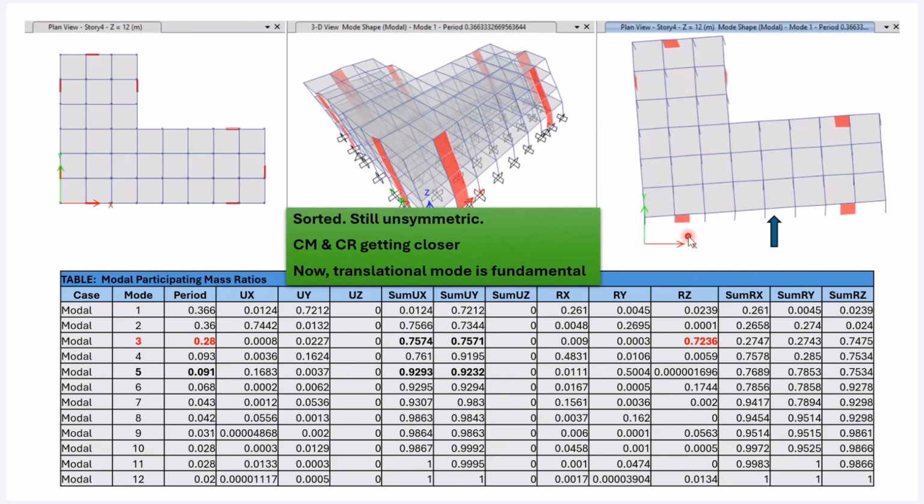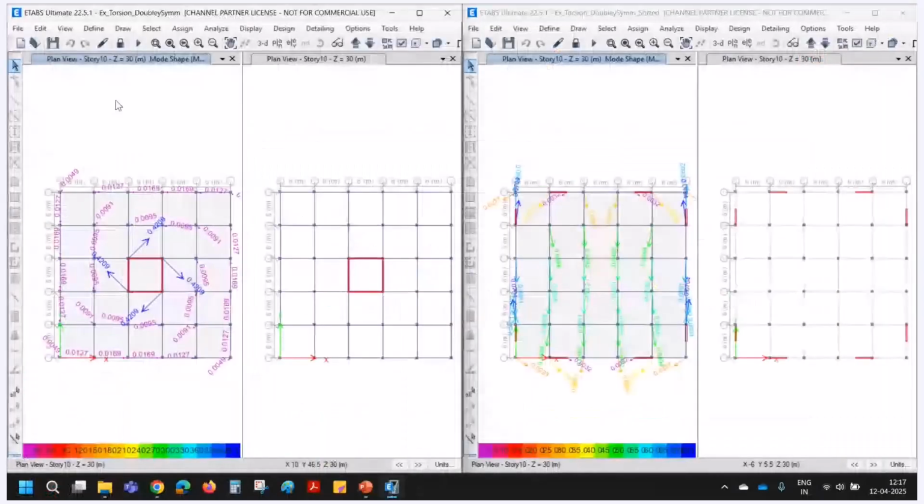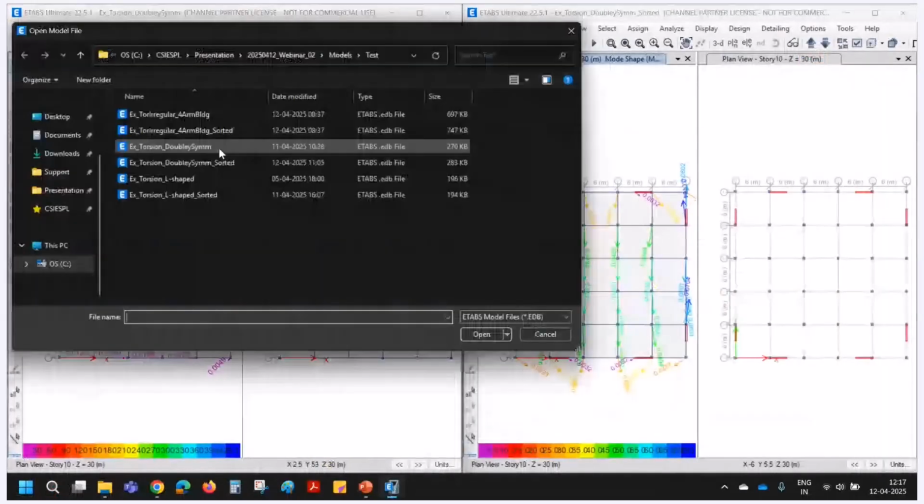And then the similar comparison, the diaphragm force, you can see this arrow is a resultant force, so it is tilted, but that tilts a little sway to the left, but still predominantly in the y direction for the mode 1. There is one more example which I would like to show directly on the ETABS program.